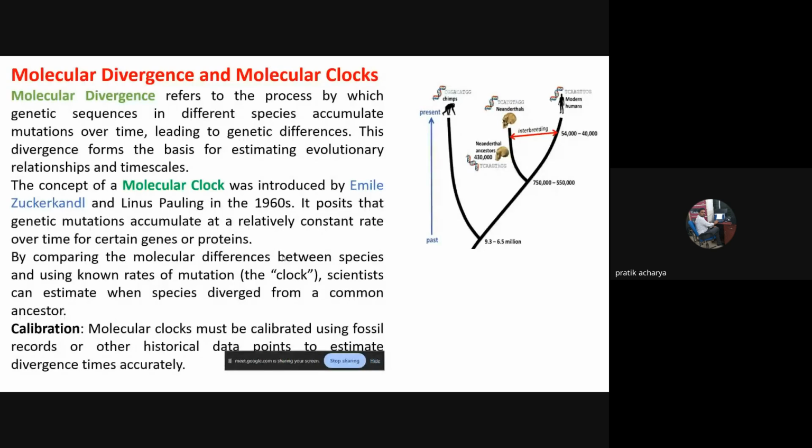So after tree formation, if we add the time, how and when, then only we can express the data of molecular clock.